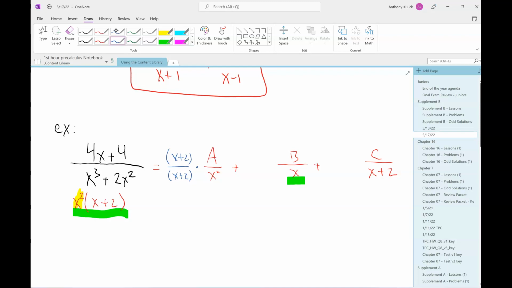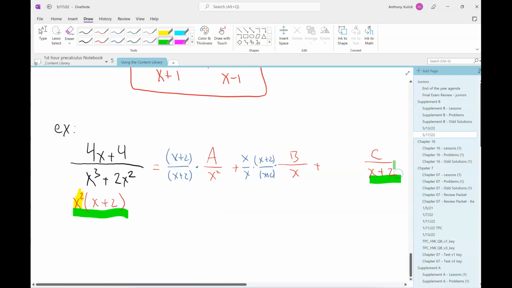I have just one x, so I'm going to need another x and also an x plus 2. And then what do I need to multiply the last one by? x squared.